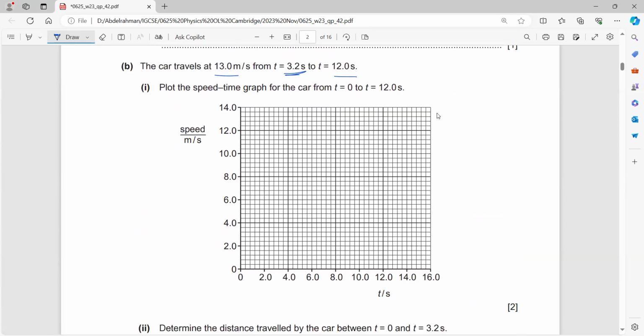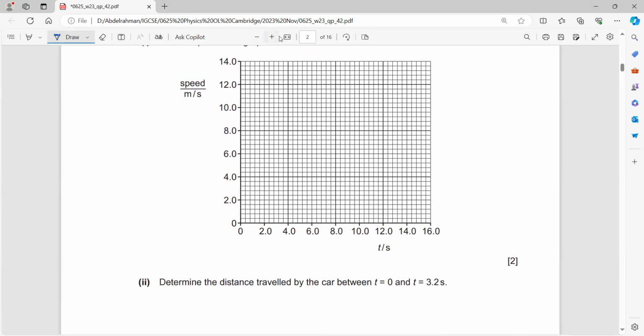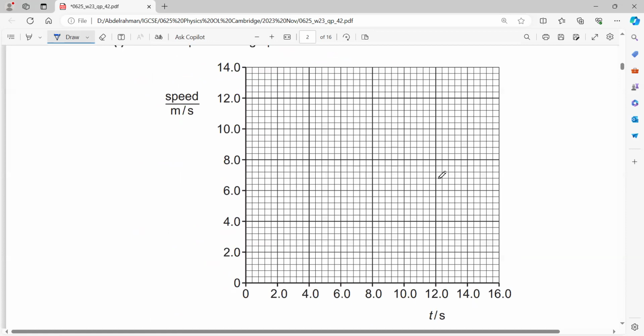So 3.2 seconds on the graph is this point, to reach the speed of 13 meters per second. And then it continued at this speed for up to 12 seconds.